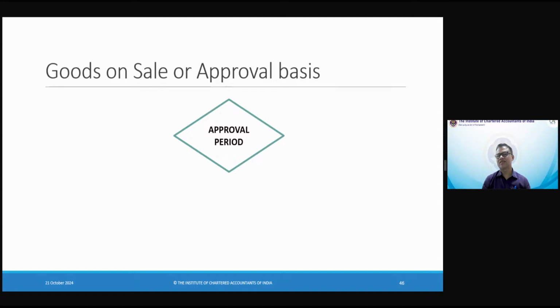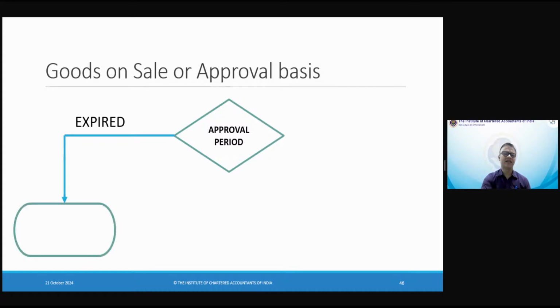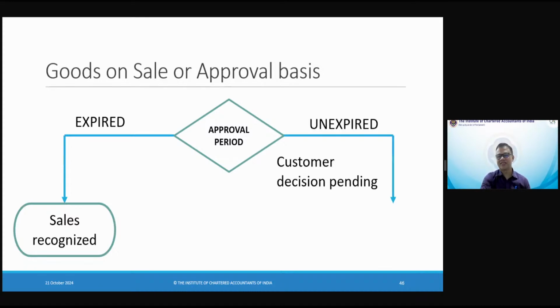In how much time will the customer decide whether to keep the product or not? On this basis we will recognize the sale. The approval period can expire, and if it has expired and the customer has not said anything, it is deemed to be a sale, and you recognize the sale. But if it is unexpired, then the customer's decision is pending.